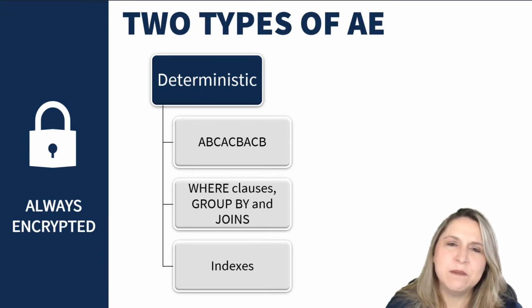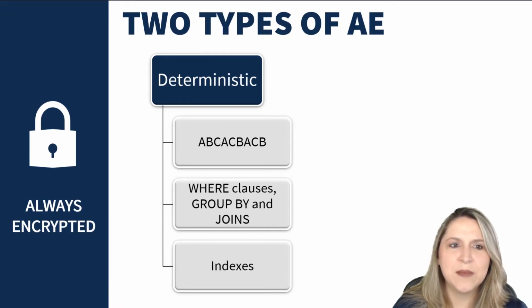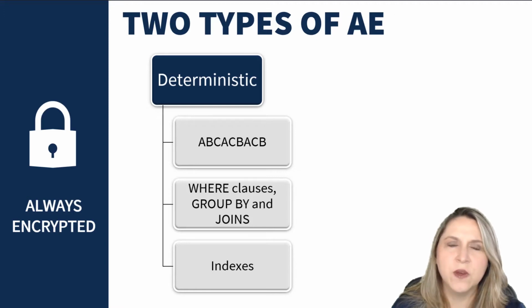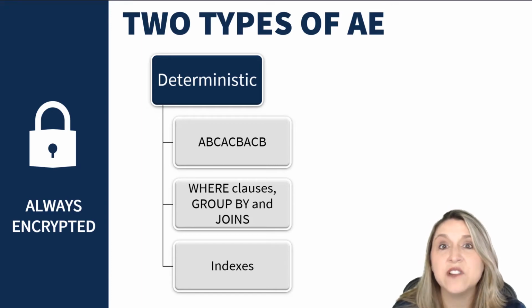You would always see Monica encrypted as ABC, ABC, ABC every single time the Monica text was created. That also works for being able to search against that and index against that, because Monica would be searchable because the engine would know what the pattern is.